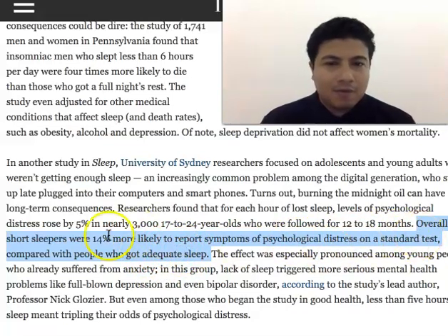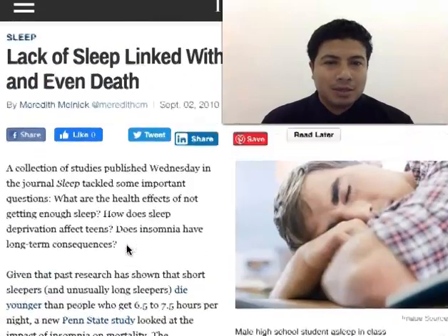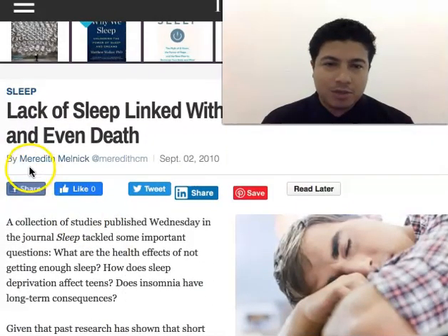So it says here, overall, short sleepers were 40% more likely to report symptoms of distress compared with people who got adequate sleep. So this can support what I said just now in my essay. And this article is written by this person, Meredith Melnick, from the year 2010.